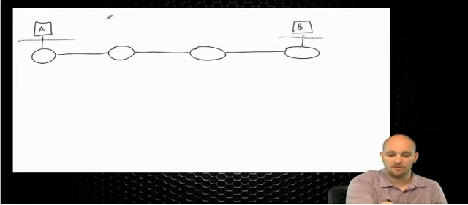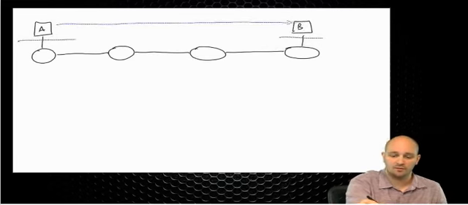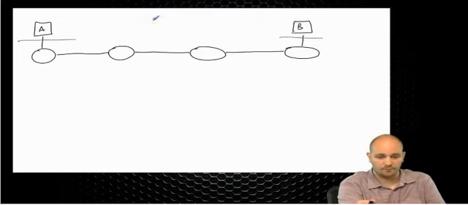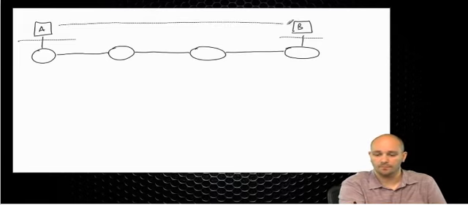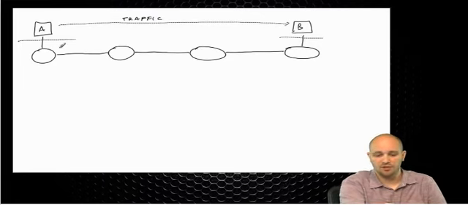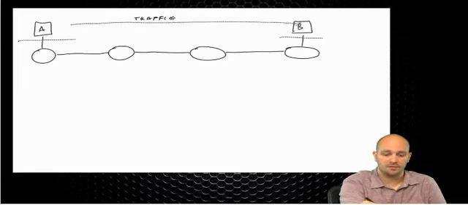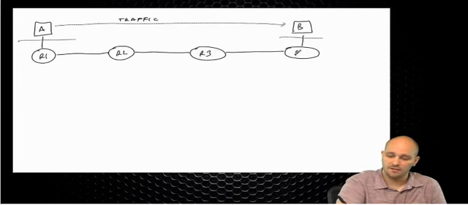What I'm interested in is traffic going this direction. So this is where the traffic will be going, and that means that information needs to flow in the opposite direction. So let's say that this is R1, this is R2, this is R3, and this is R4.